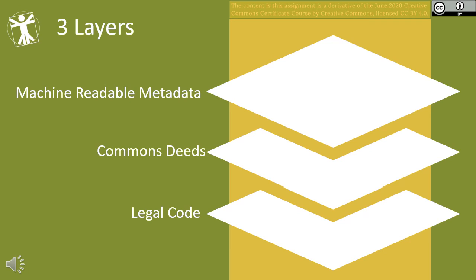The next layer is the commons deeds, and this is the most visible and well-known layer of the licenses. These are web pages that lay out the key license terms in human-readable format.